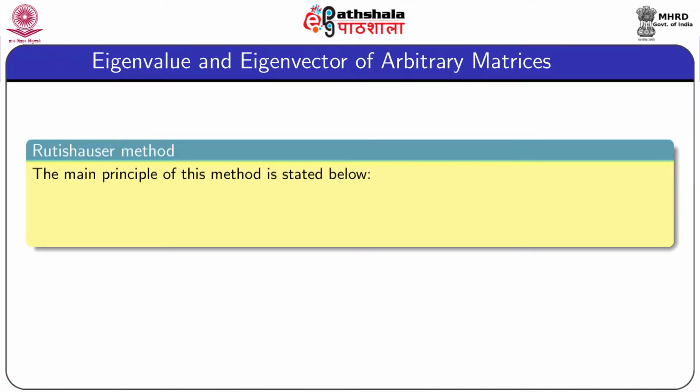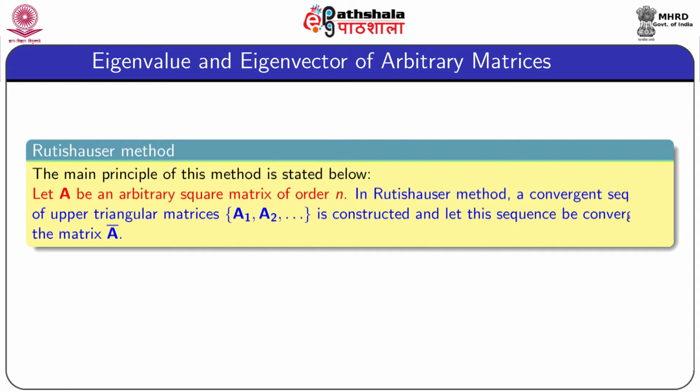Now, we consider the Rutishauser method to compute all the eigenvalues of a matrix. The main principle of the Rutishauser method is stated below. Let A be an arbitrary square matrix of order n. In this method, a convergent sequence of upper triangular matrices A1, A2 ... is constructed, and it is assumed that this sequence of matrices converges to the matrix A bar.